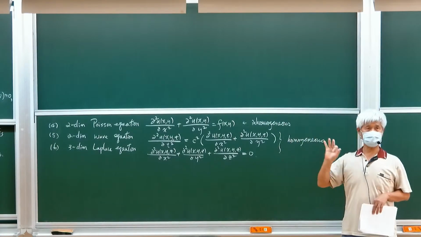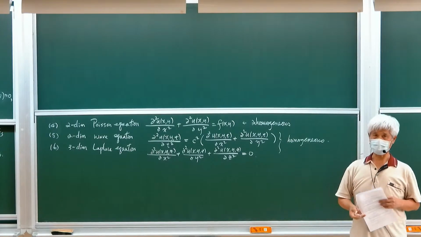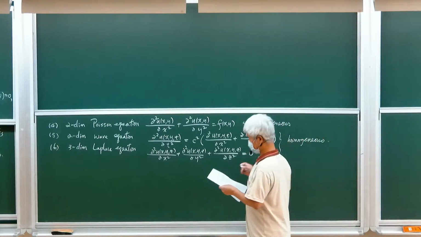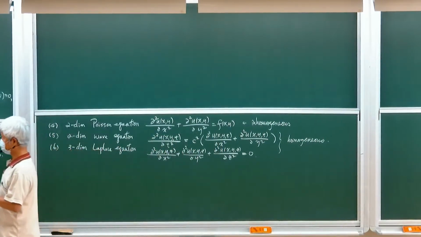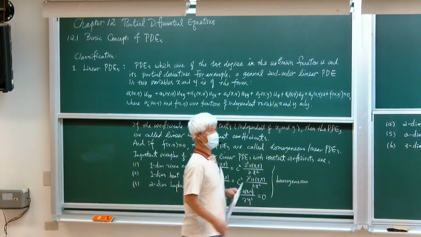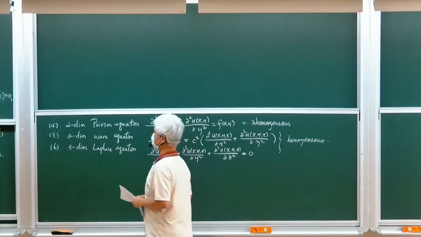So in these six examples, five of them are homogeneous, and only one of them is inhomogeneous. So this is the first type, called linear PDE. Linear PDEs will be our main topic in this chapter.